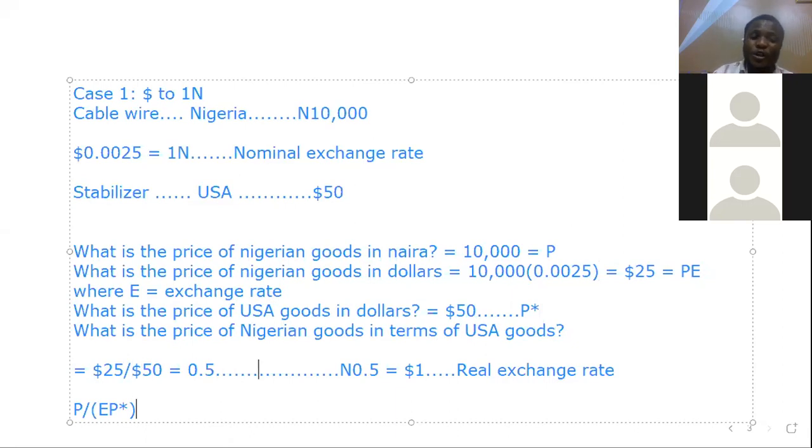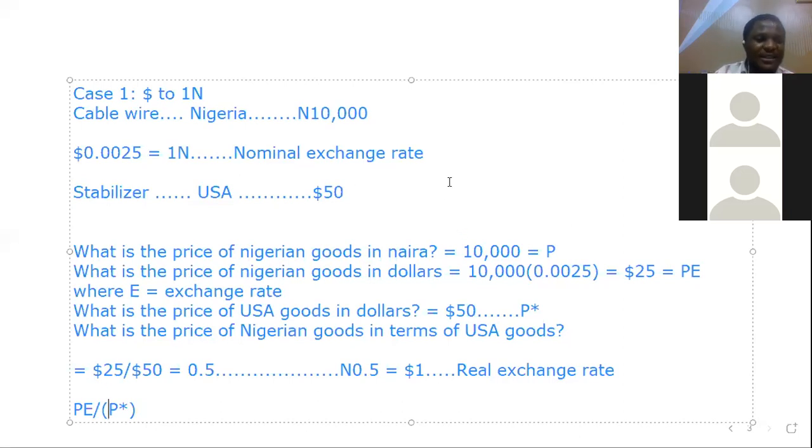And that tells you it is what? 0.5 naira to $1. That is our real exchange rate. But the formula for the real exchange rate is no longer P/E times P star. It is now P times E over P star.